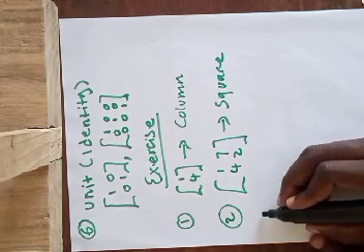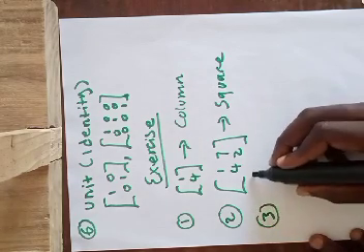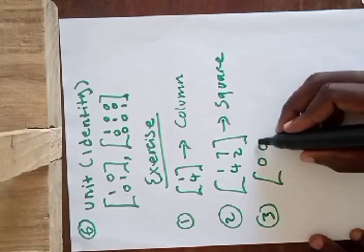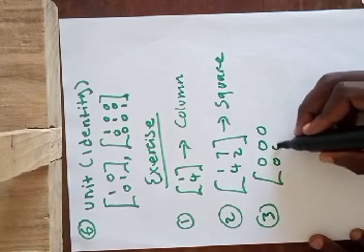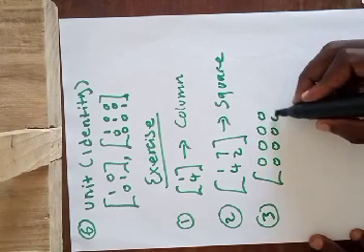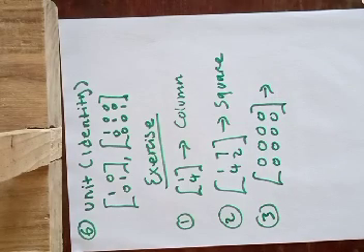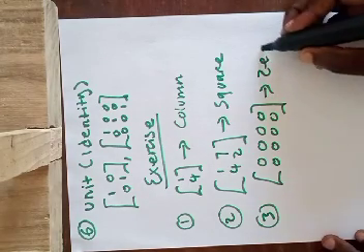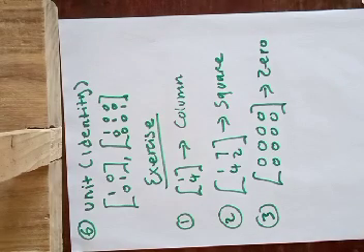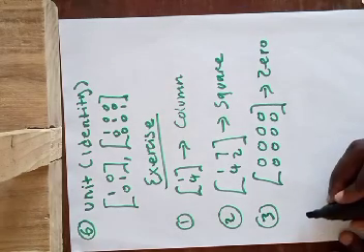Good. What about this one now? Zero matrix. Thank you so much. This is called a zero matrix. All entries are zeros.